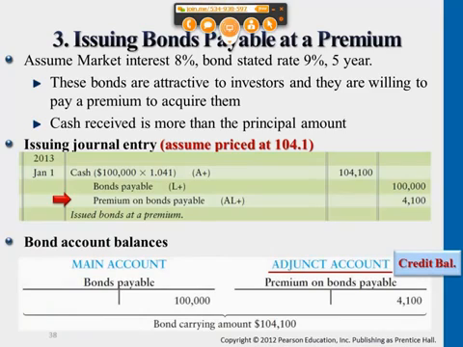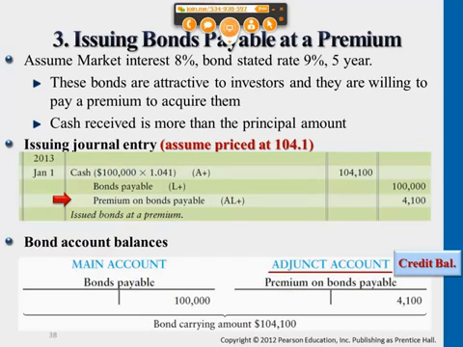This example assumes that the face value of the bond is $100,000, the capital that the company wants to borrow from the creditor. If the stated interest rate is different from the market's interest rate, then when the company issues the bond, if the market is anticipating a rate slightly lower than what the company is offering, relatively speaking, the company's bonds will be at an advantage.